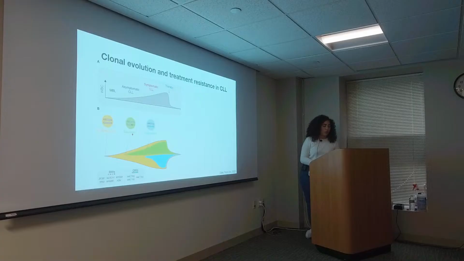For example, here the green one acquired another mutation in another gene, and the blue one here even got a deletion of a whole arm of a chromosome. So as you progress, the disease starts getting much more complex. You not only have one mutation, but you have this heterogeneous population of cells that can behave very differently when you treat them.